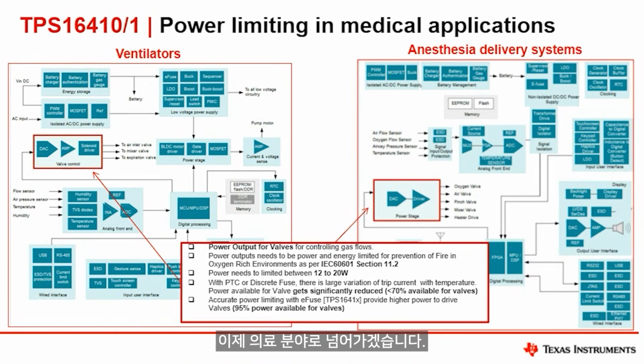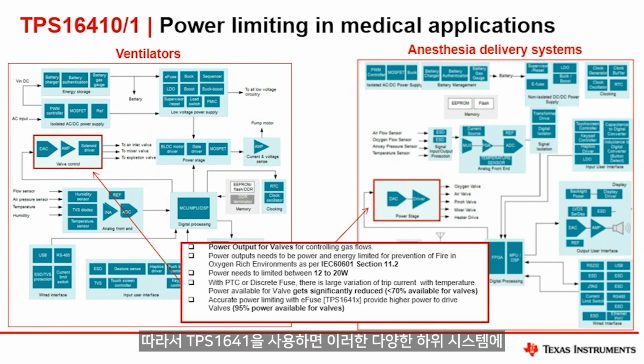And now going over to medical, the two different end equipments that we'll talk about are ventilators and anesthesia delivery systems. Generally these have different valves which are used to provide oxygen gas. And given oxygen gas is flammable, one of the things that the IEC 60601 section 11.2 calls out is the need for some type of power limit, so a 10 VA power limit for the system.